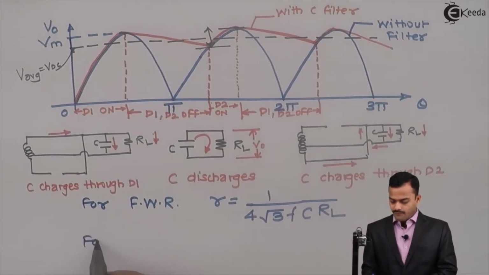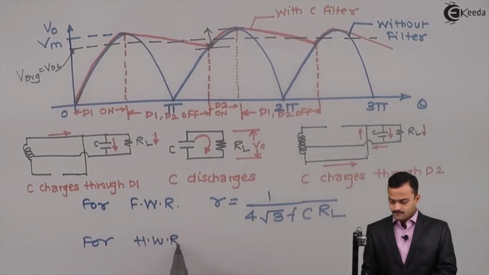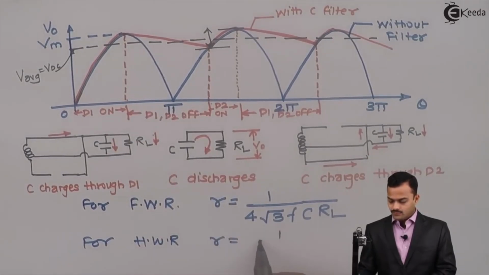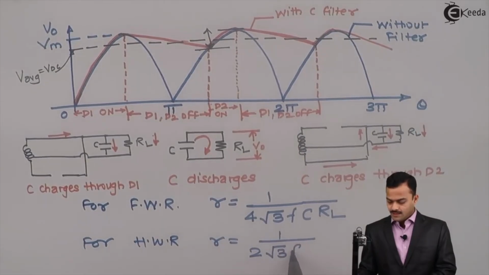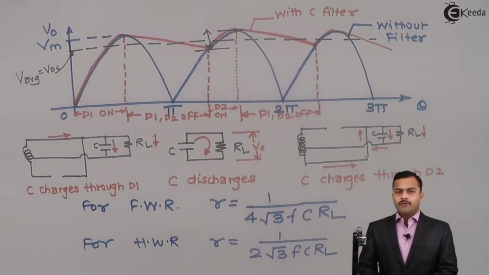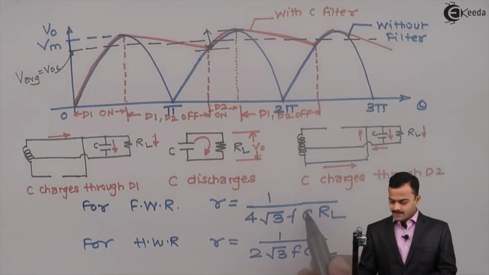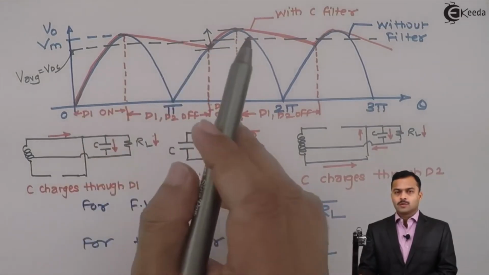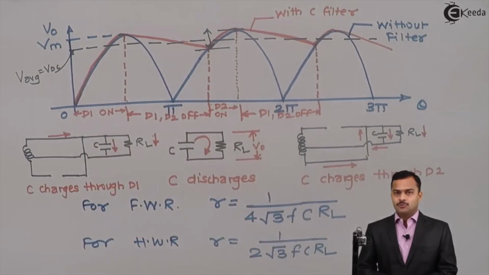And for half wave rectifier, we can get r equal to 1 upon 2 root 3 f C RL. So if we know the value of a ripple that we want to remove, we can design this capacitor value in order to get desired output.